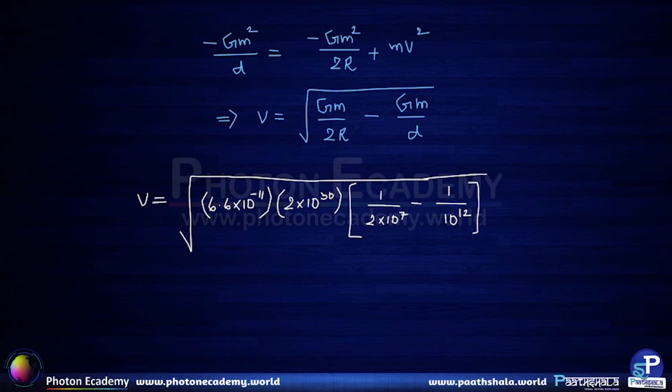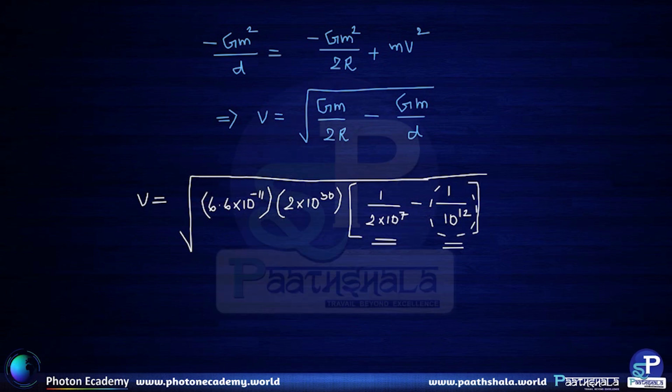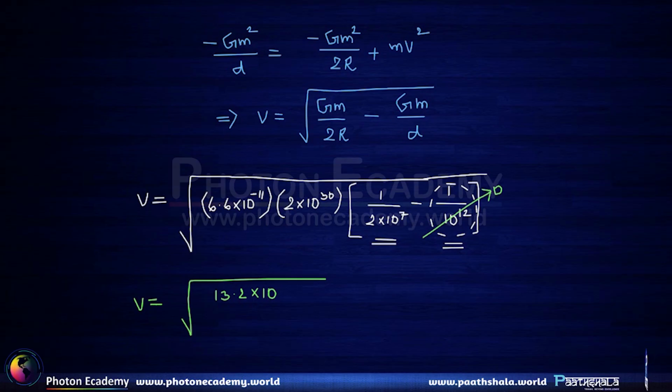If we compare these two terms, we see that 10^-12 is very small compared to 1 by 2 into 10^7. So in this case, we neglect this term and write v equal to the square root of 13.2 into 10^19 by 2 into 10^7.